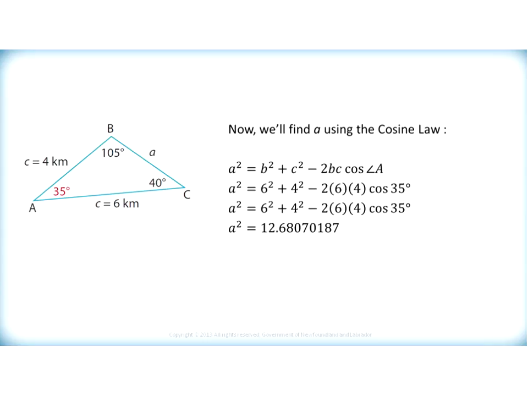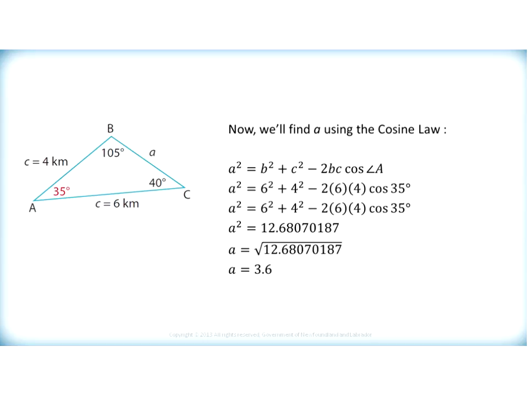So once again, remember that to find A, I've got to get the square root of A squared. So I've got to get the square root of 12.68. So A is the square root of 12.68. A works out to be 3.6.